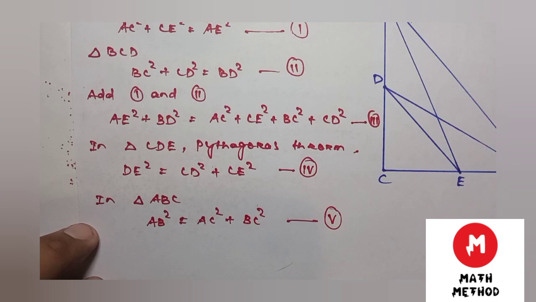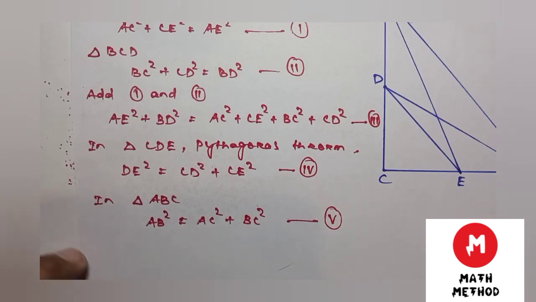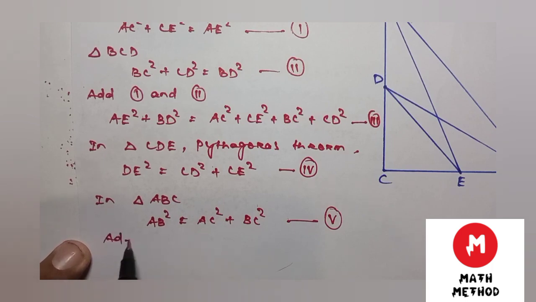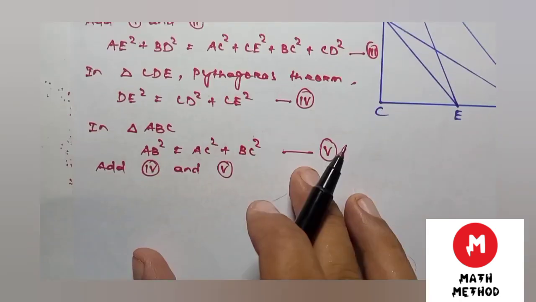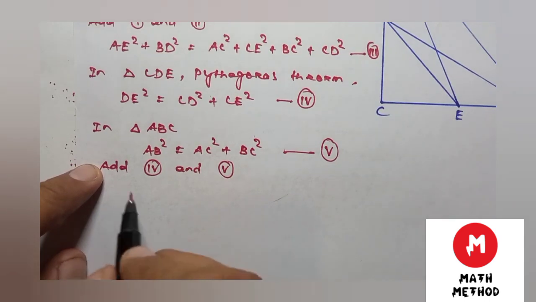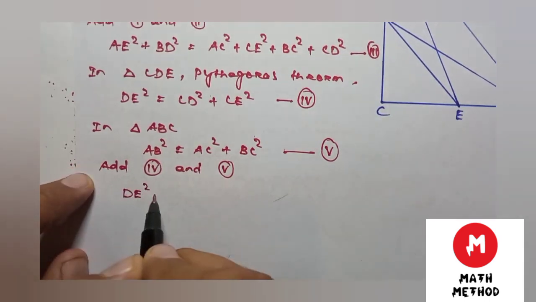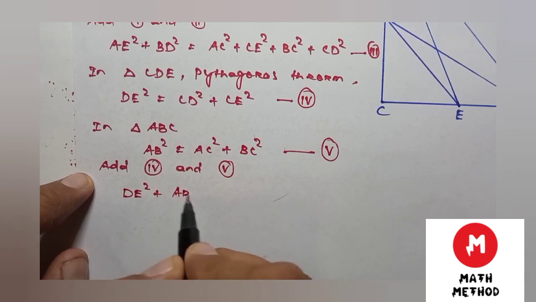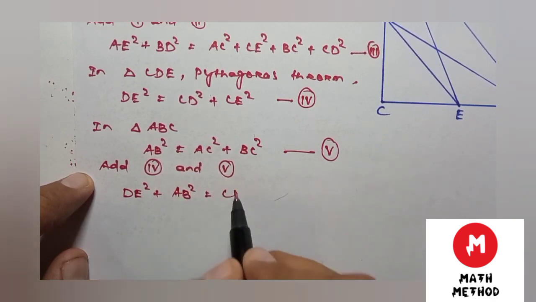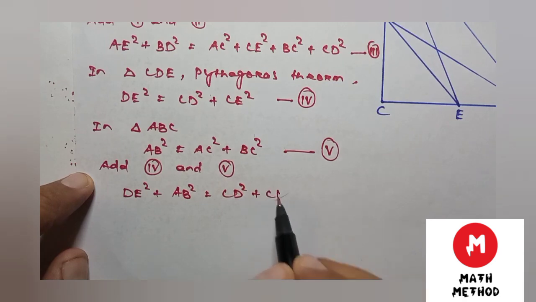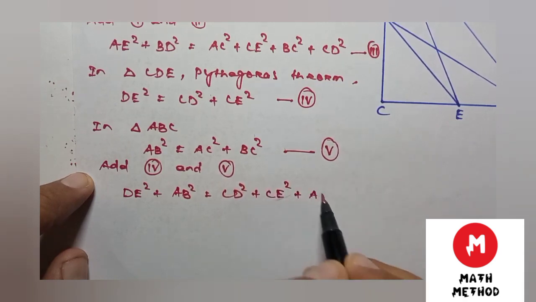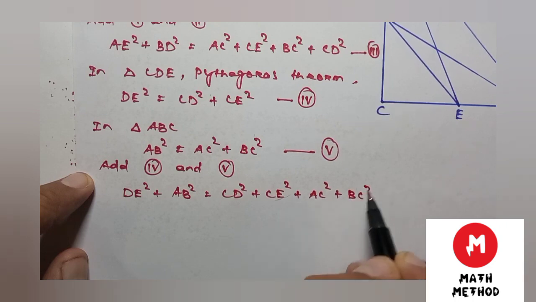Now from 3, 4 and 5, add 4 and 5, we will get DE square plus AB square, which is equal to CD square plus CE square plus AC square plus BC square.